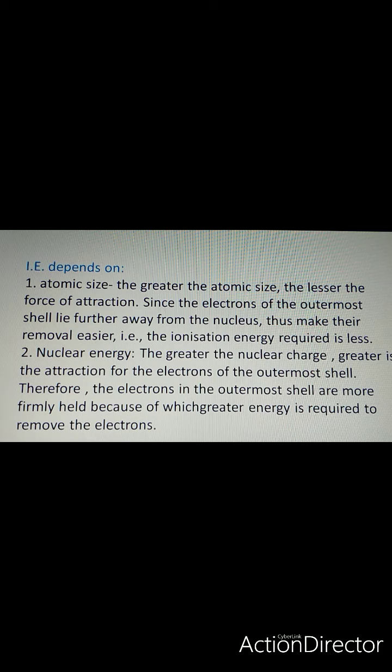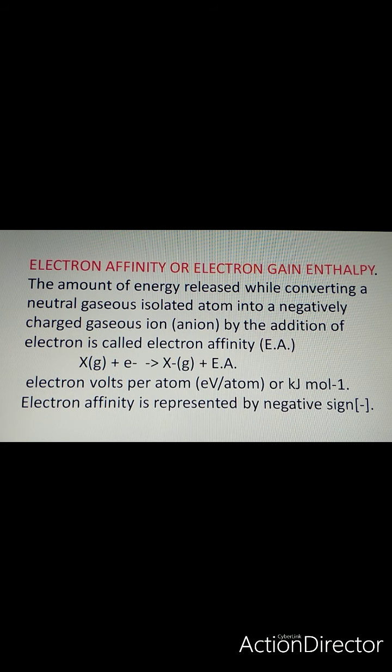And in nuclear charge, the greater the nuclear charge, the greater is the attraction of the electrons of the outermost shell. Therefore, the electrons in the outermost shell are more firmly held, because of which greater energy is required to remove the electrons.